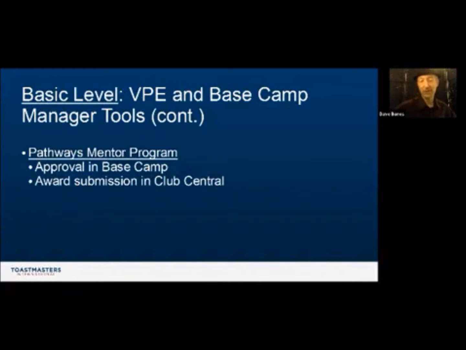Technically, I found this out through talking with Toastmasters International that you're actually technically not supposed to submit your award until you actually have the requirements for a Pathways Mentor designation, which would include having completed at least one path, in which case in Basecamp, you can complete the program but not have completed a path.